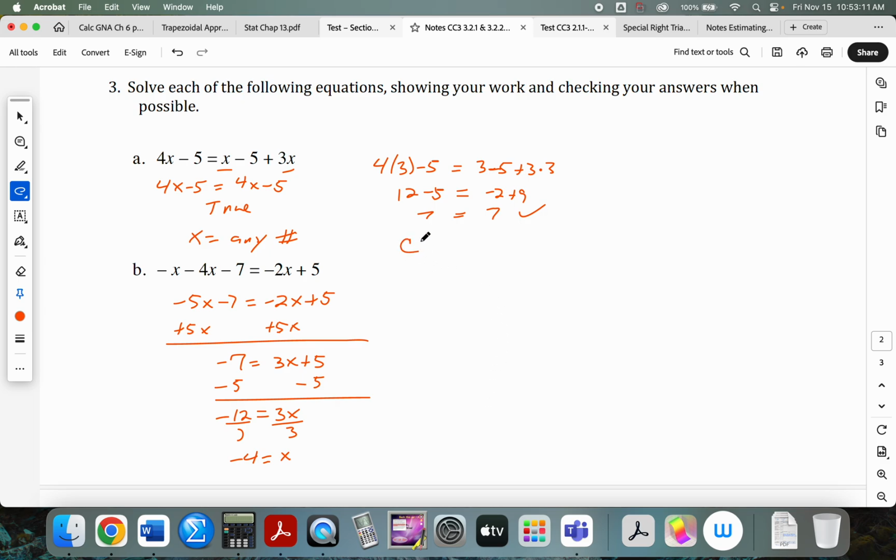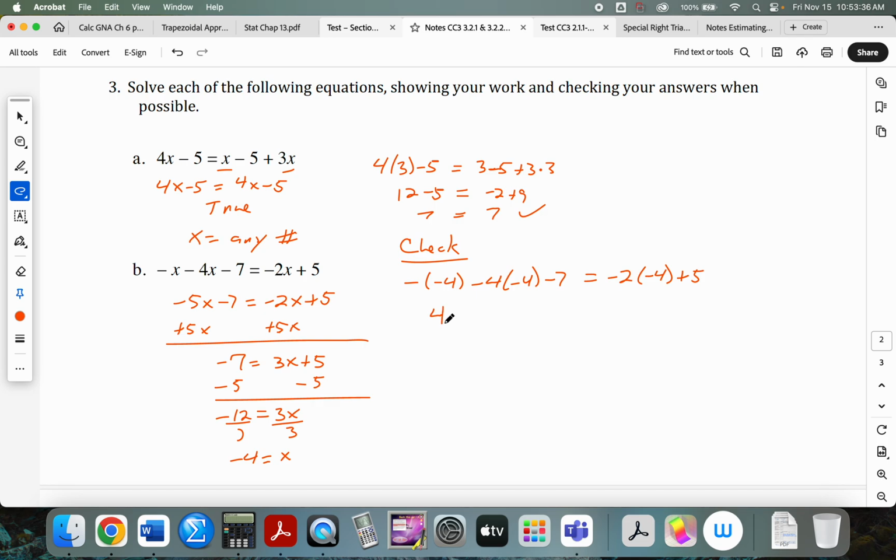So let's check it. If you want to do both sides at once, you can. It would be like this. The opposite of negative 4, minus 4 times negative 4 minus 7 is supposed to end up being equal to negative 2 times negative 4 plus 5. There is a lot of negativeness in this.